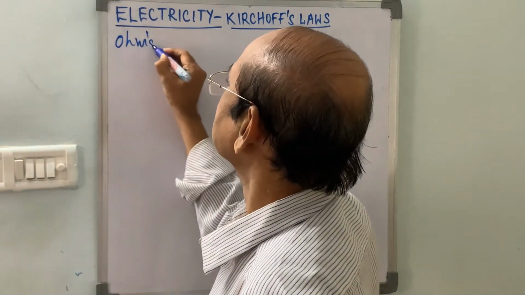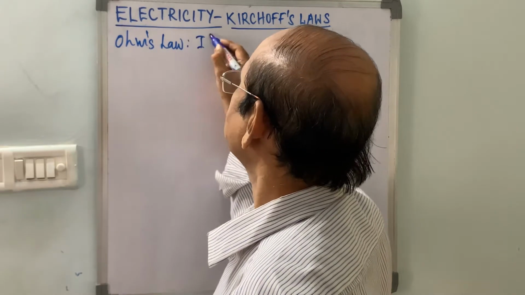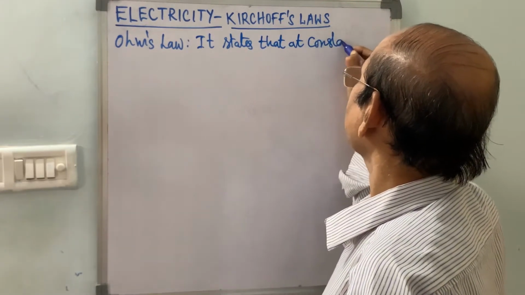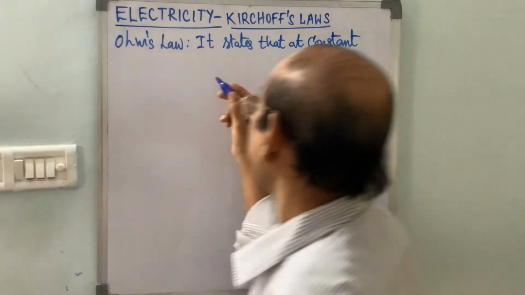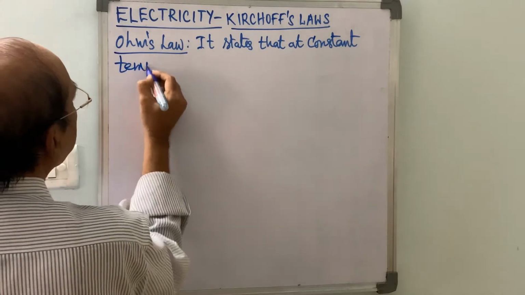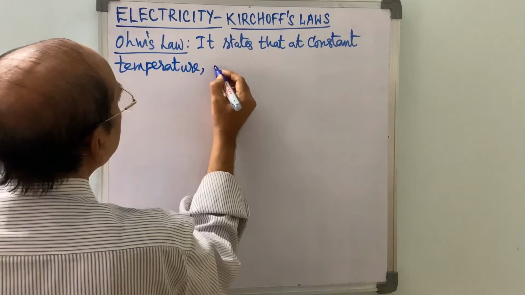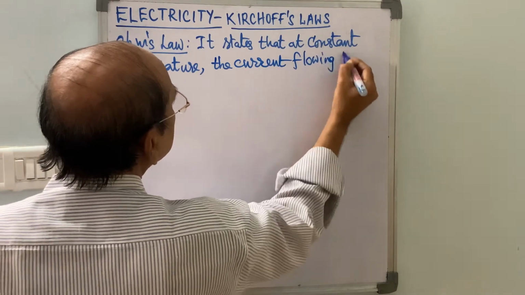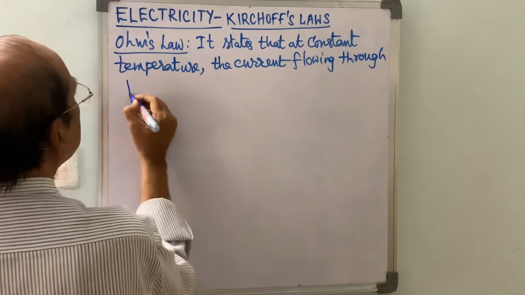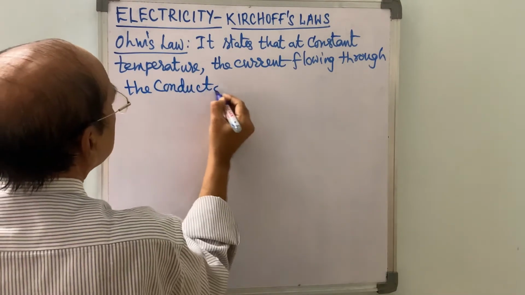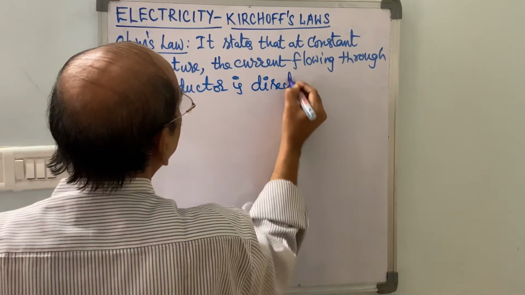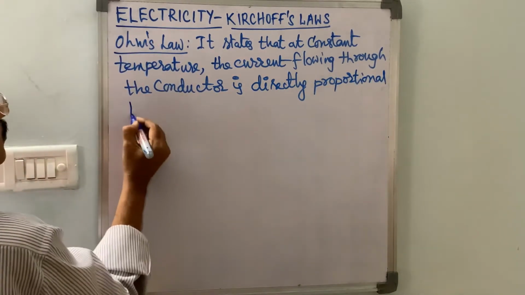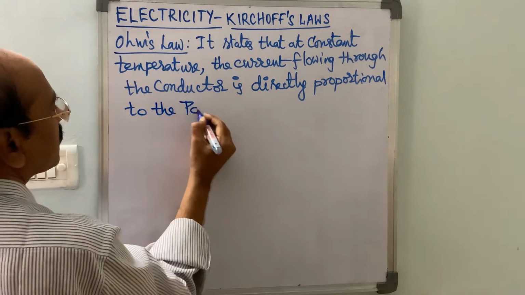So Ohm's law states that at constant temperature, the current flowing through the conductor is directly proportional to the potential difference.